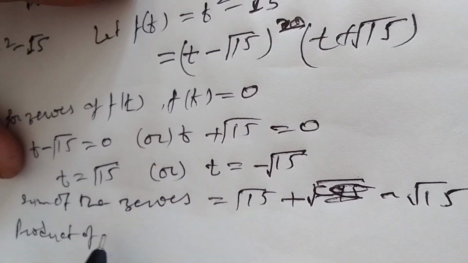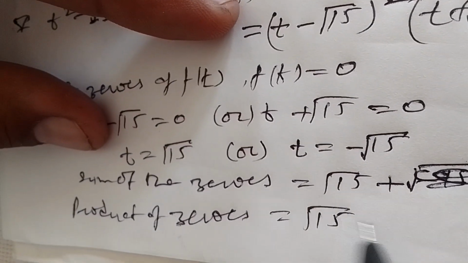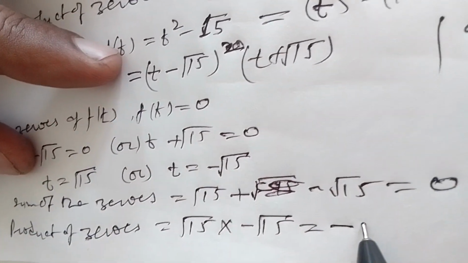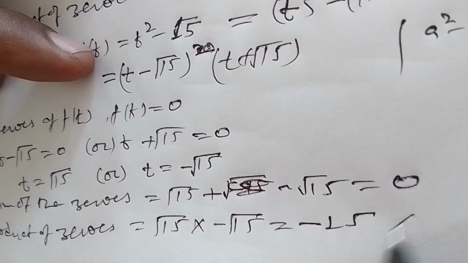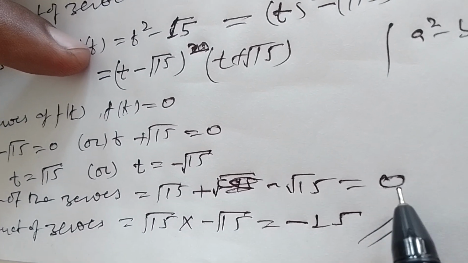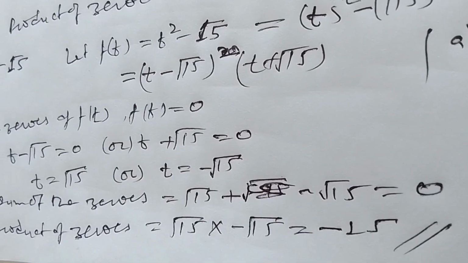Now the product of zeros comes out to be root 15 multiplied by minus root 15. It comes out to be minus 15. So the product comes out to be minus 15, and the sum of zeros comes out to be 0. So this is the answer of the fifth part of the question.